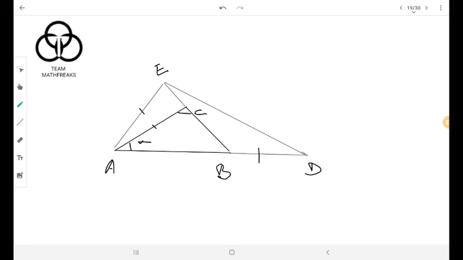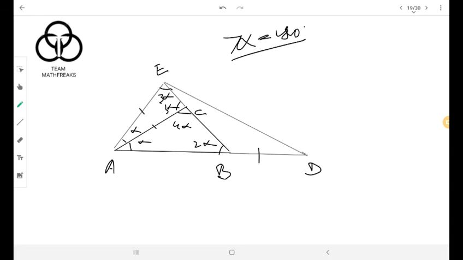This is alpha, 4 alpha, twice alpha, this will be thrice alpha, isn't it? Exterior angle property, this and these are equal, this is thrice alpha. Here we are getting 7 alpha equals 180 degrees. Then we are getting 6 alpha, this is also alpha.